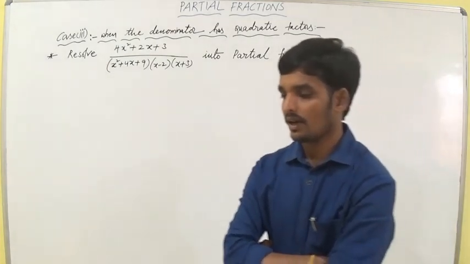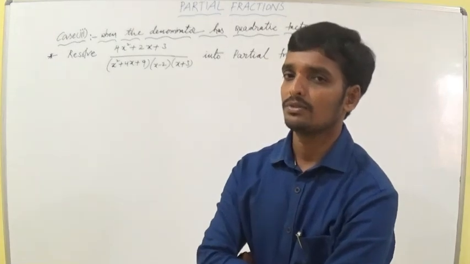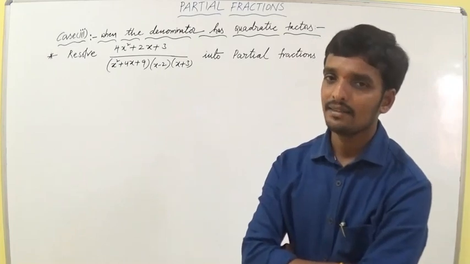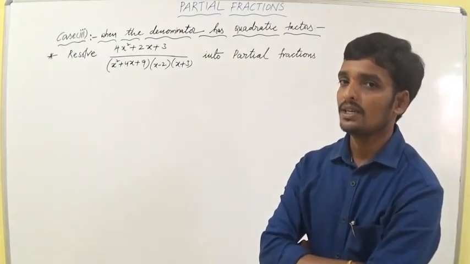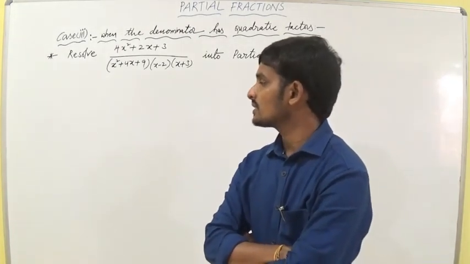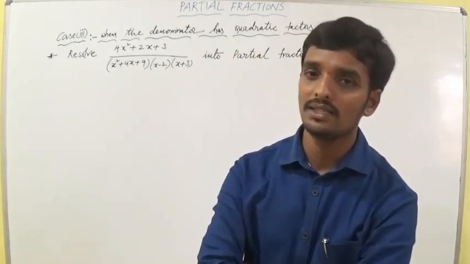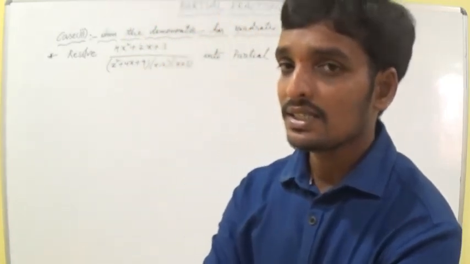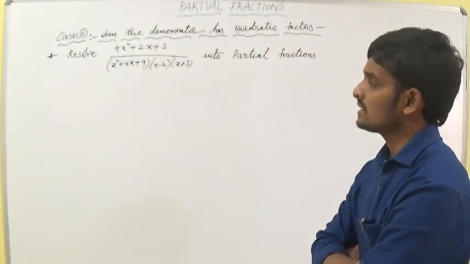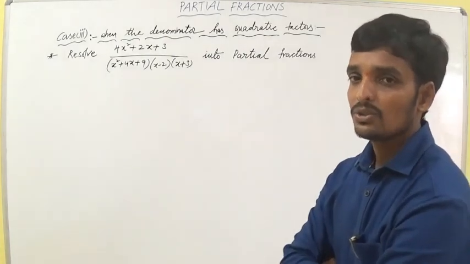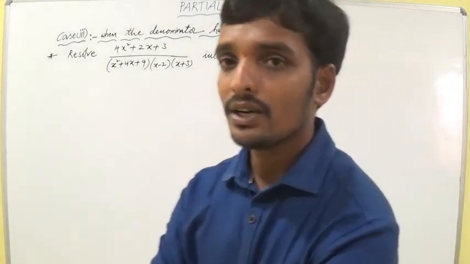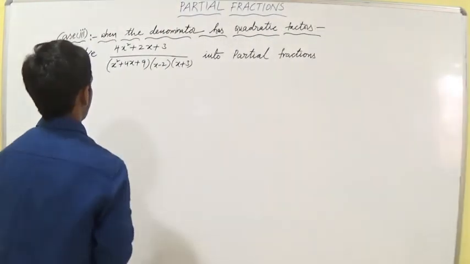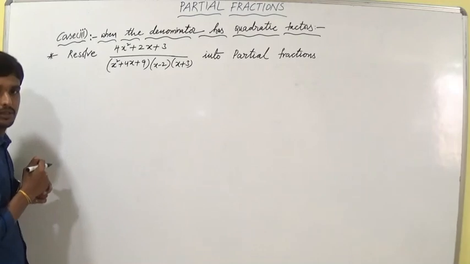Is it positive or negative? 4 square is 16 minus 4ac, 4 into 1 into 9, 4 nines are 36. So 16 minus 36 is minus 20. It is negative, so we cannot factorize the denominator. Did you understand what I have explained?